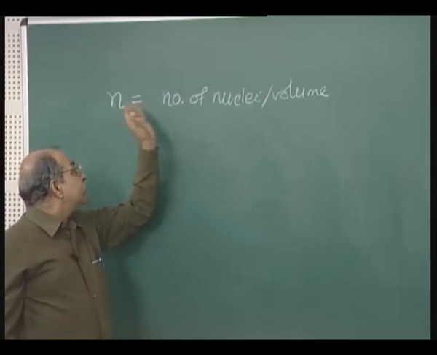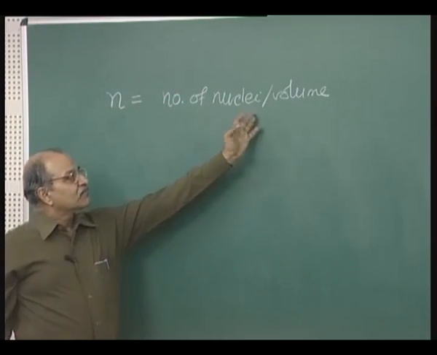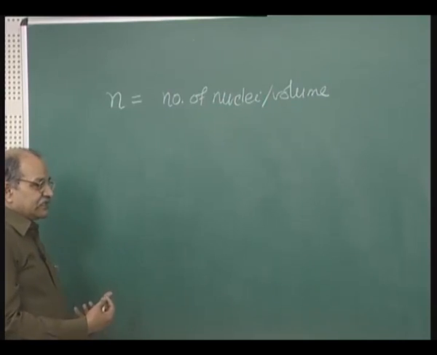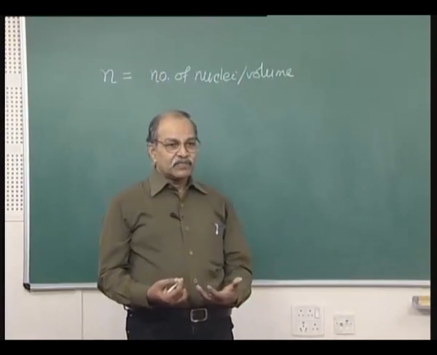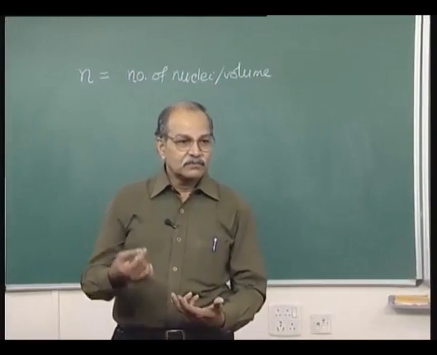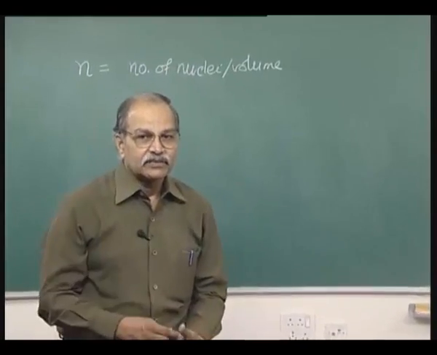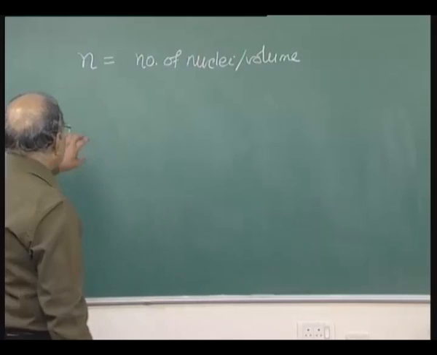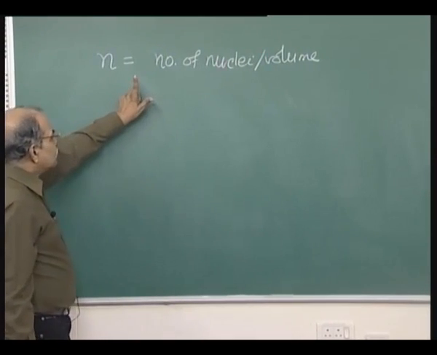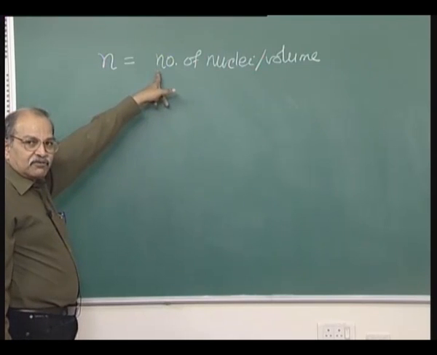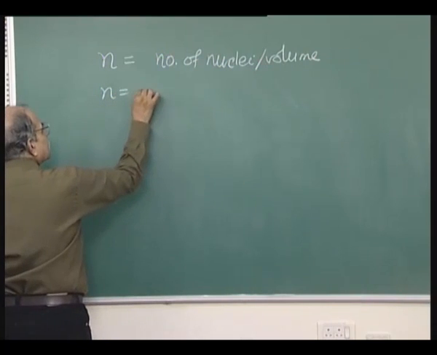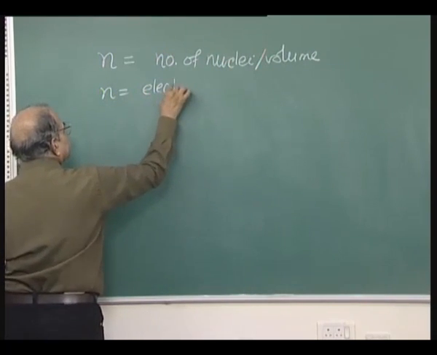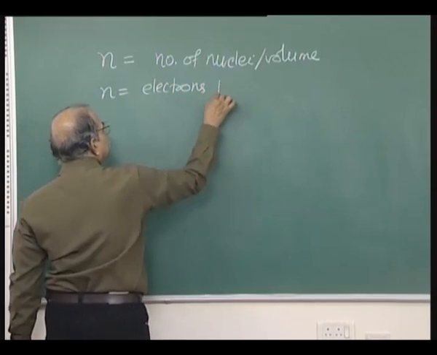If it is a hydrogen isotope, deuterium or tritium, then you have 1 electron. So, if n number of nuclei are there, you will also have n electrons per unit volume.